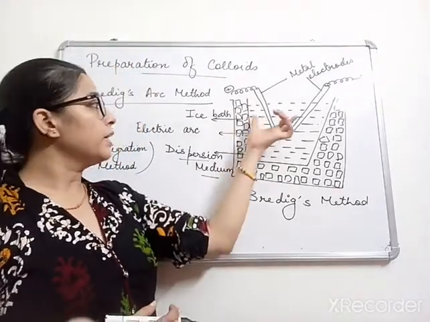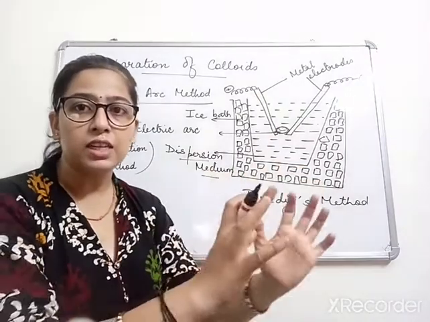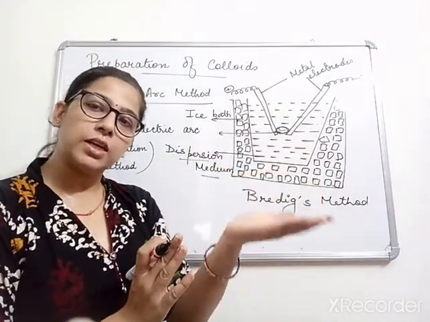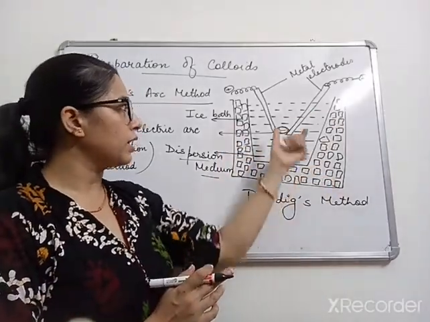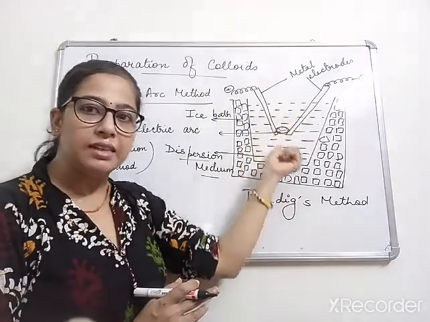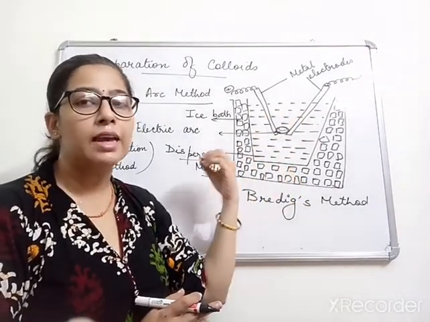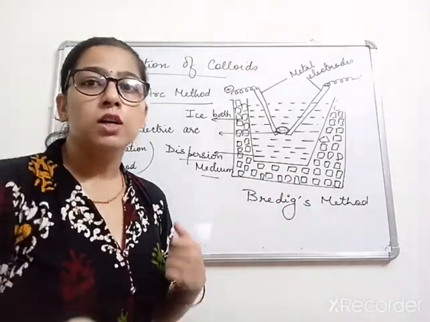So metal rods में अचानक से जब हम पोटेंशियल डिफरेंस इलेक्ट्रिकल डिस्चार्ज करते हैं, then the metal vaporizes, the metal vapors rise, but due to the cooling condition of the ice bath the metal vapors condense into the dispersion medium and they act as the dispersed phase, and then you get a colloidal solution.